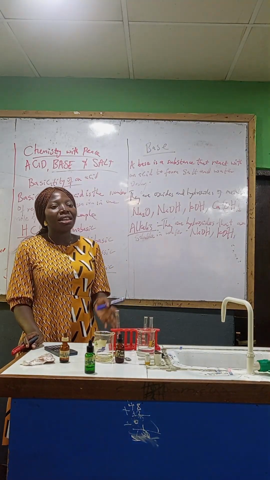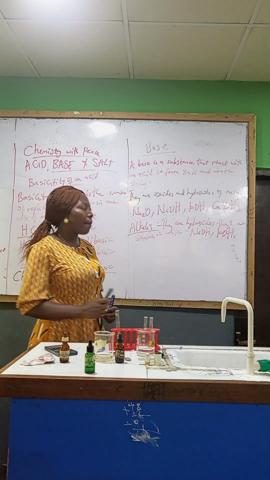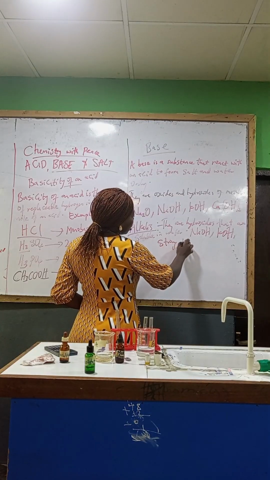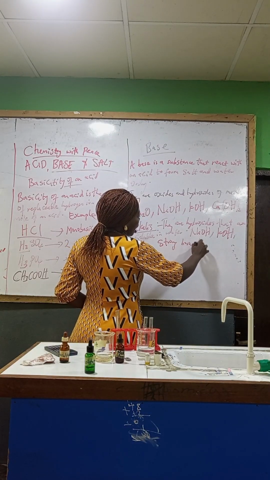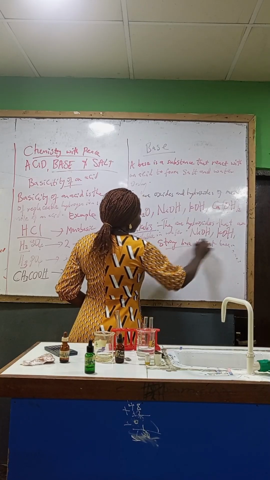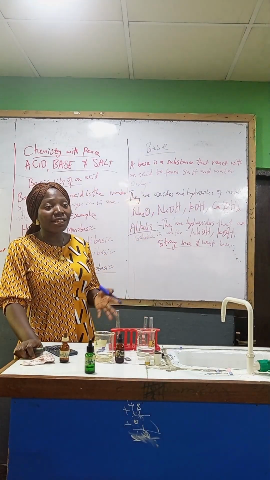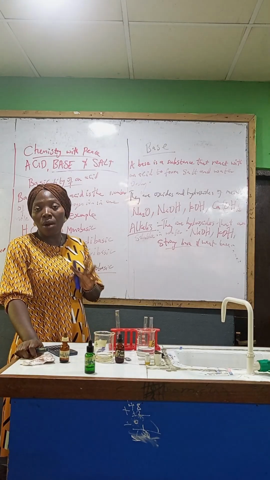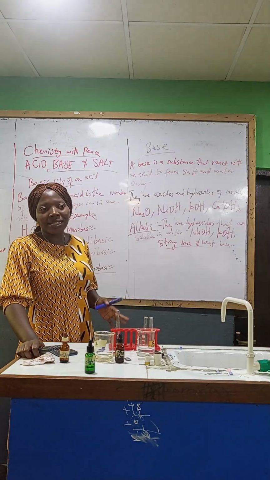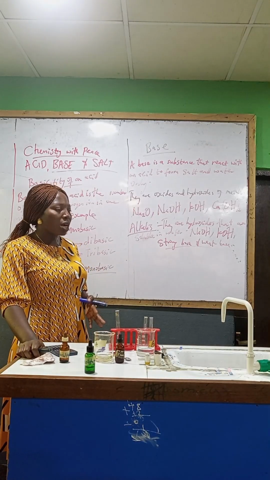Then now, let's talk about strong base and weak base. Strong bases are the bases that ionize completely in water to form hydroxide ion, while weak bases are bases that don't ionize completely in water.